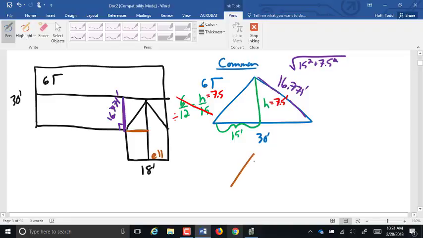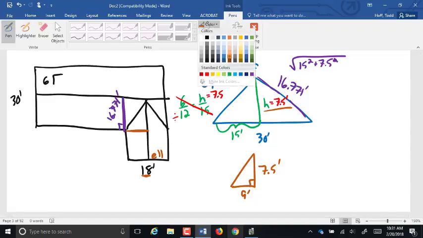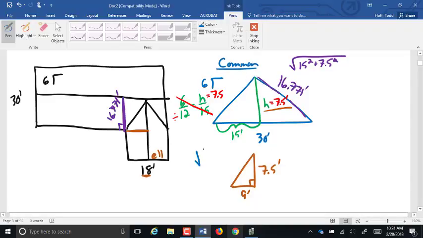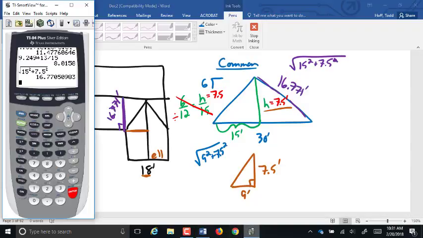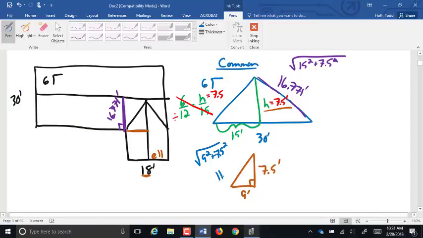That we know has a height of 7.5 feet. We know that the span here is just half of the 18-foot span. It's 9 feet. So we can find that length. This is the square root of 9 squared plus 7.5 squared, giving us 11.715.